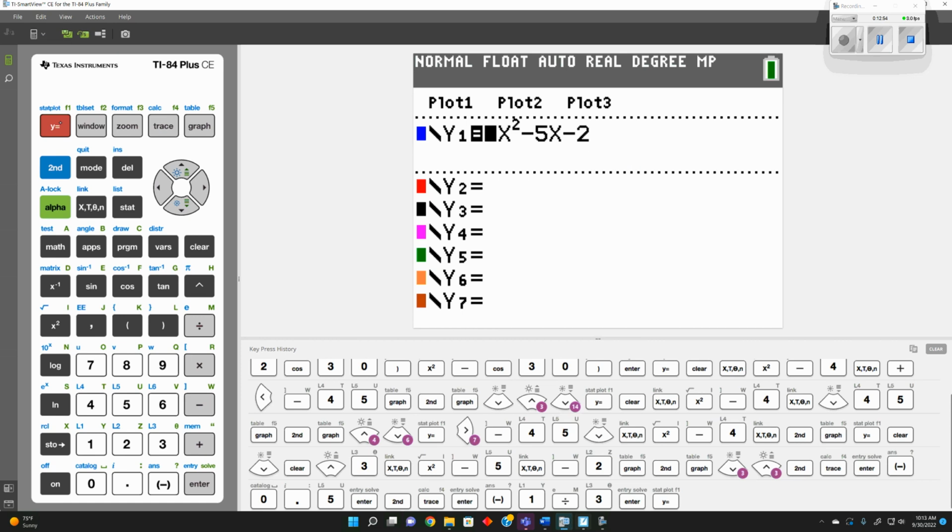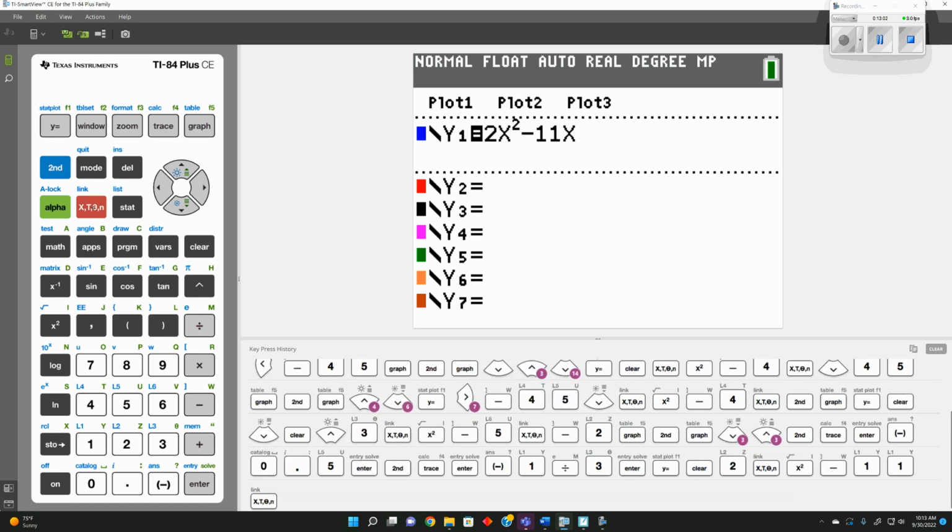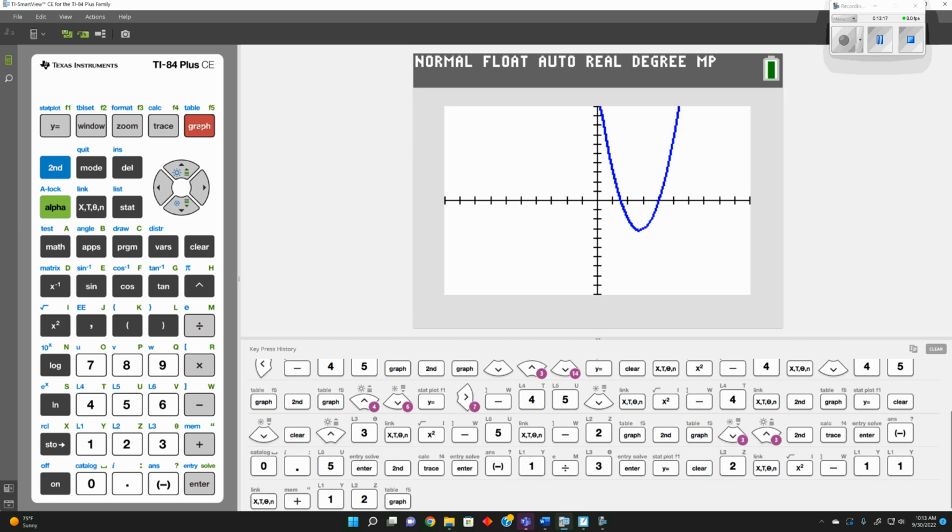So we can come over here and say 2x squared minus 11x, not 11x. What was the middle term? It was 11? Plus 12. And then we can hit graph or enter. Either one.